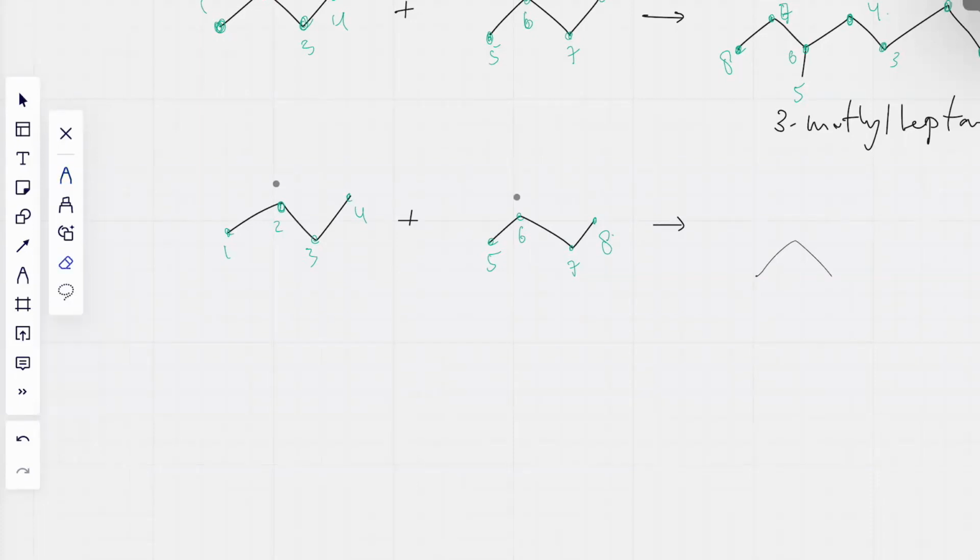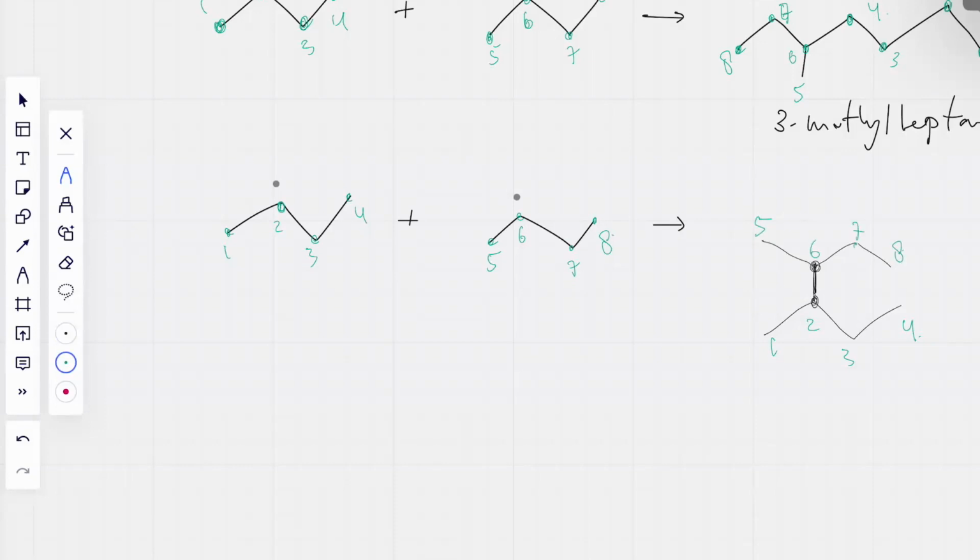We just do here. And this is 1, 2, 3, 4, 5, 6, 7, 8. Connect with this here. 5, 6, 7, 8.